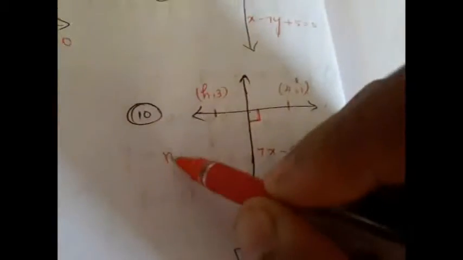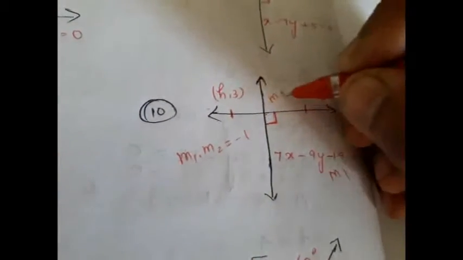But what about the slope of this and this? m1 into m2 is equal to minus 1. We can find the slope of this, name it as m1. We can find the slope of this line, name it as m2. m2 will be in terms of h, but we know m1 into m2 is equal to minus 1. Substitute in this equation, we can very well find the value of h. Right? Hope you understood. Let us move on to the 11th question now.